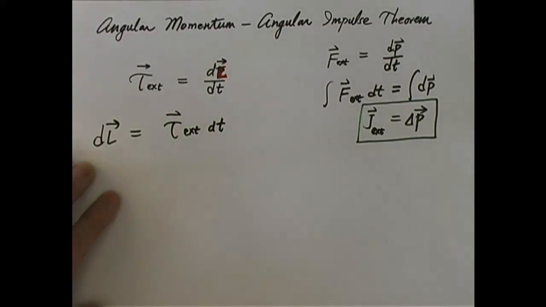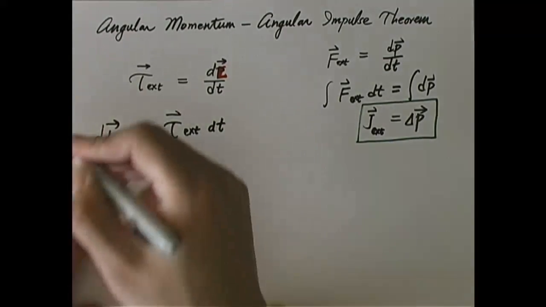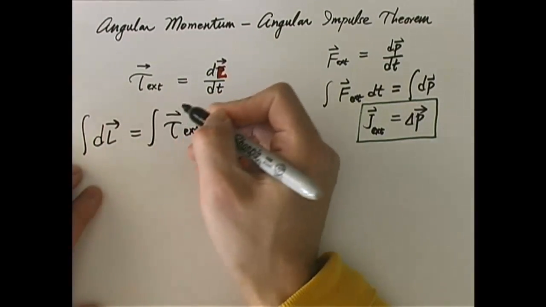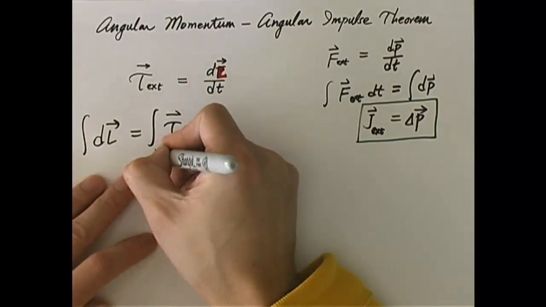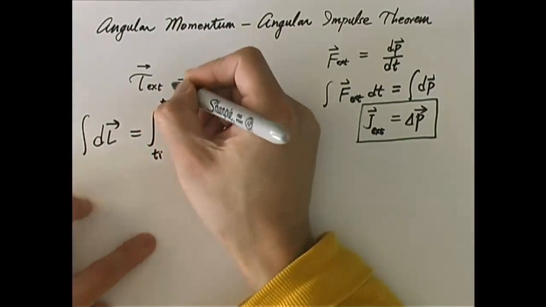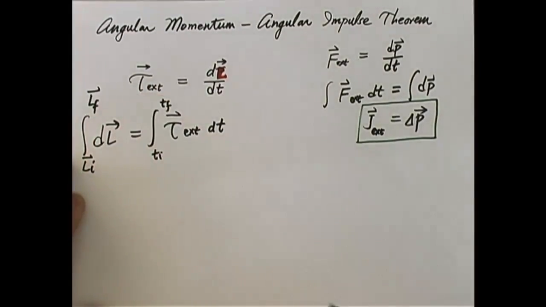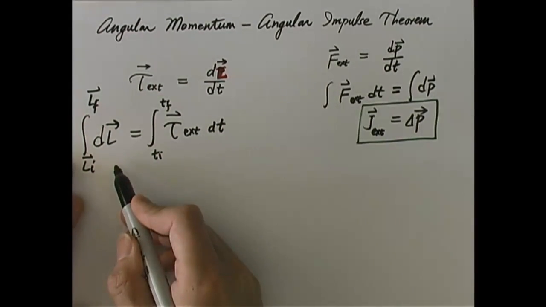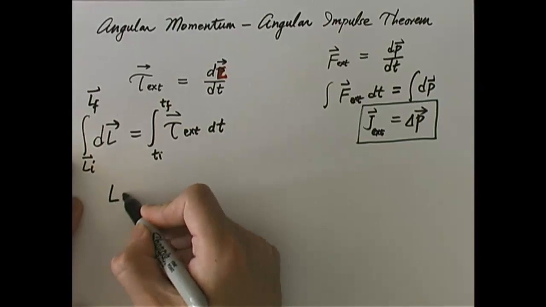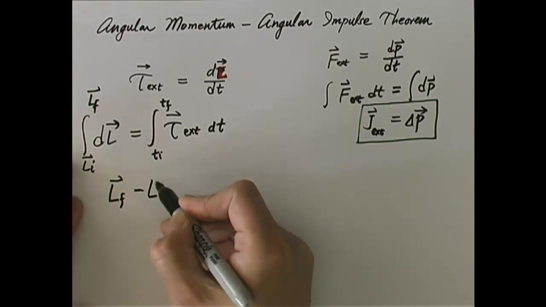That's the infinitesimal change in L. What's the total change? I must integrate over the time interval, from t initial to t final. Meanwhile, L went from L initial to L final, right? This side is simply delta L, so it's L final minus L initial.